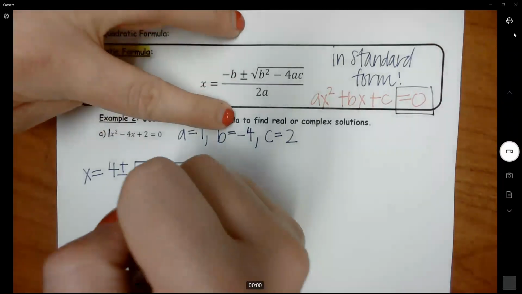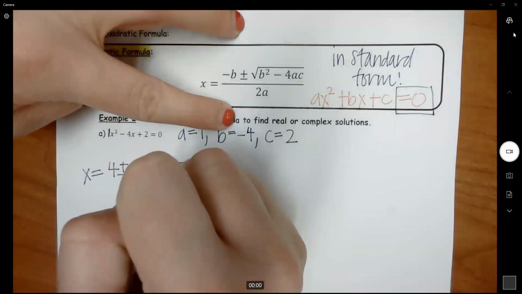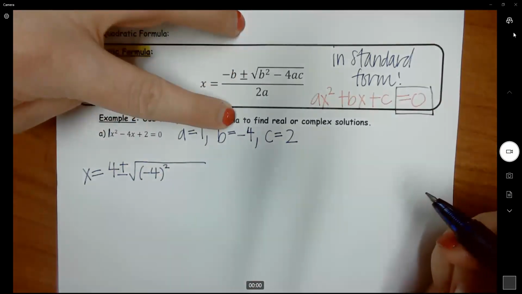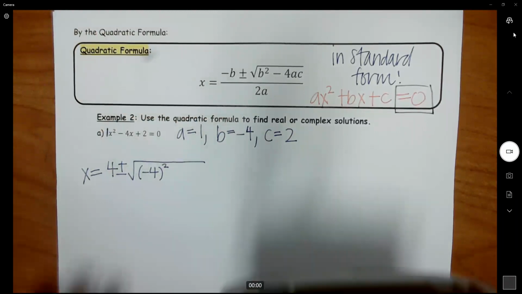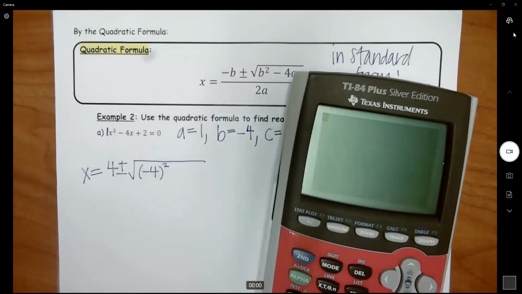When I put this in, I have to substitute that in with parentheses. If I put negative 4 squared without parentheses, I get a negative 16. But when I substitute it in correctly with parentheses, it is positive.